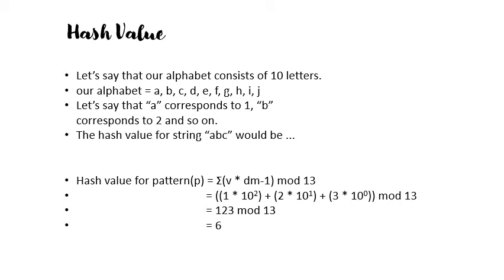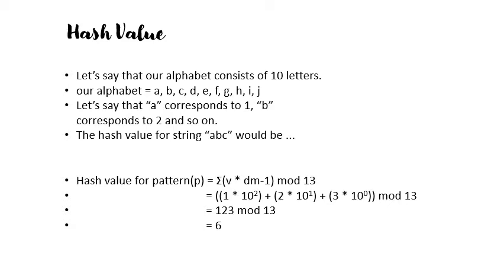Now we'll discuss how we can calculate the hash value for a pattern string or a text string. Let's say we have 10 letters as our input set. Each letter corresponds to a number. As mentioned in the slide, A corresponds to 1, B corresponds to 2, C corresponds to 3, and so on. To calculate the hash value, we need to use the formula given in the slide.